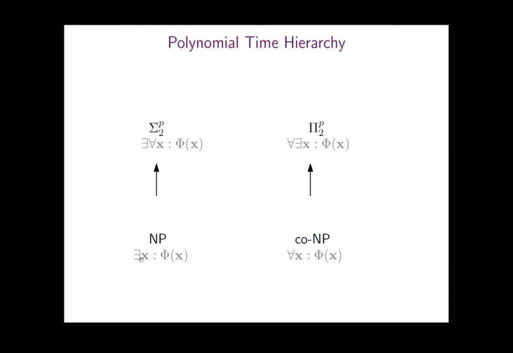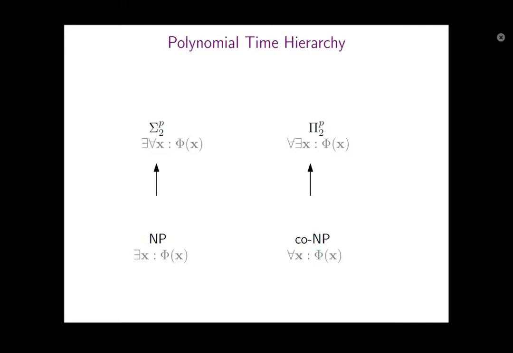NP, as you know, is defined as: does there exist some Boolean variable assignment satisfying some Boolean function? This is called satisfiability. And then co-NP could be defined as the complement, but you could also say everything that reduces to tautology, which asks: is it true that any Boolean variables that I plug in satisfy phi? So yeah, that would be co-NP.